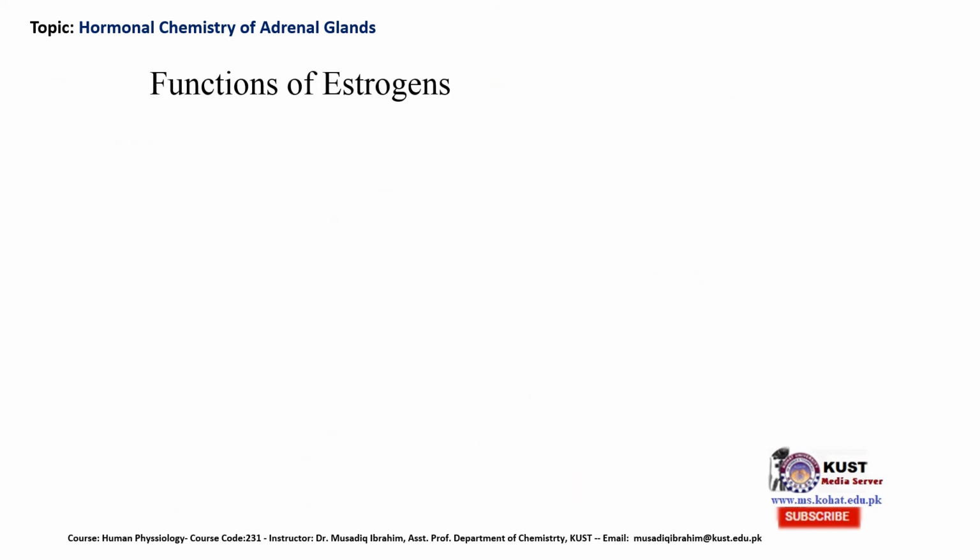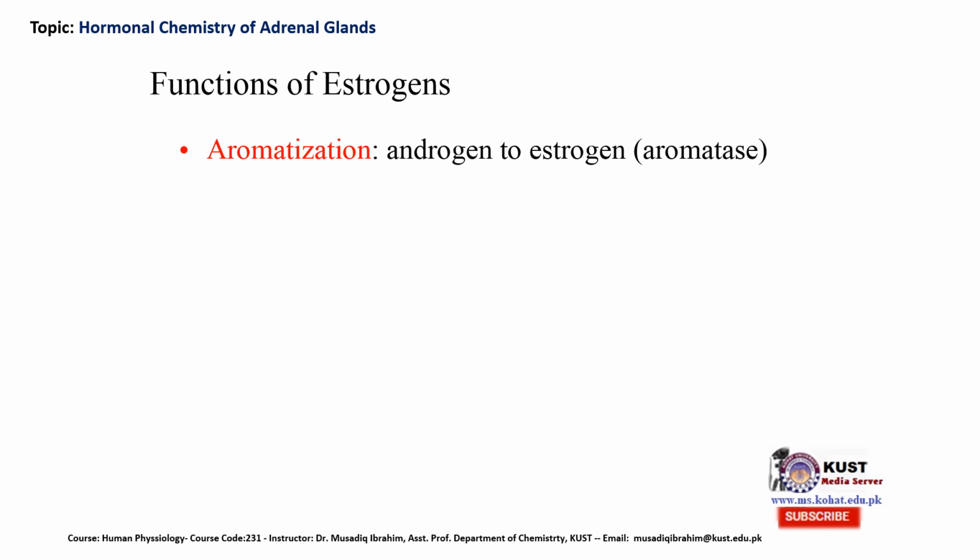So now moving towards the functions of estrogens, which are C18 steroids. One of them is aromatization, which is the conversion of androgen to estrogen with the help of an enzyme known as aromatase.